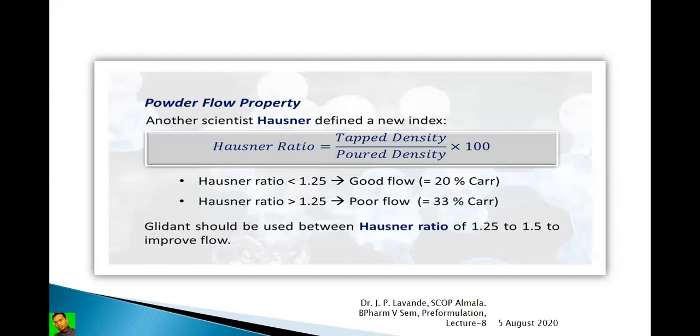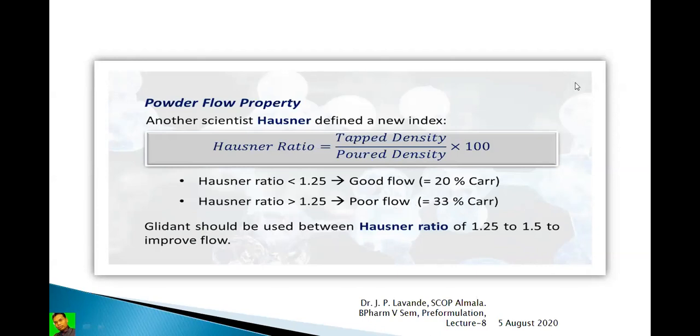So it is necessary that a glidant should be used when the Hausner's ratio is between 1.25 and 1.5, to improve the flow property, right? If the value is in between 1.25 to 1.5, that means if it is more than 1.25, it is the indicator that there is a poor flow property.